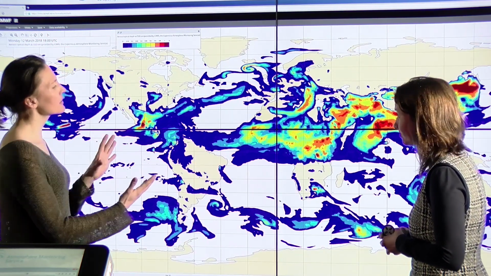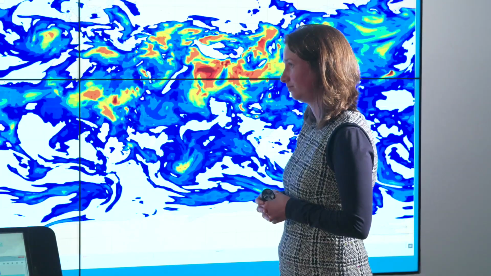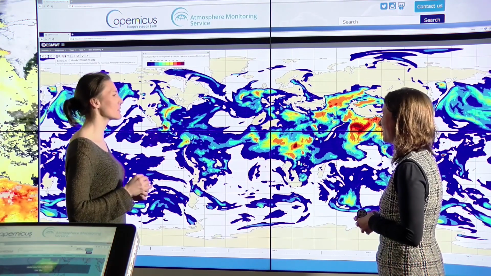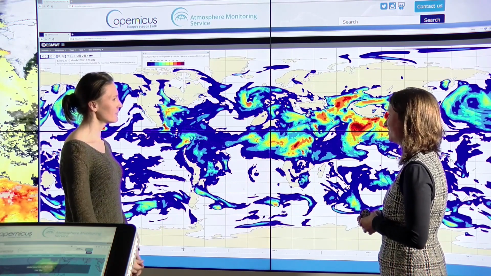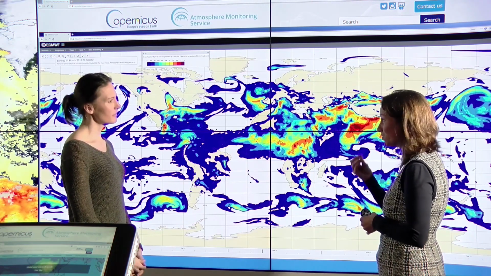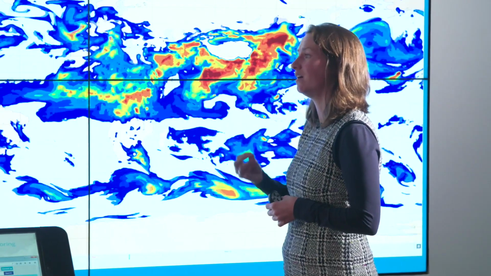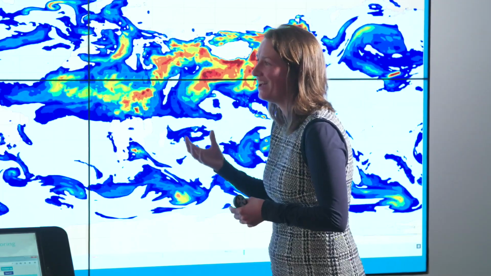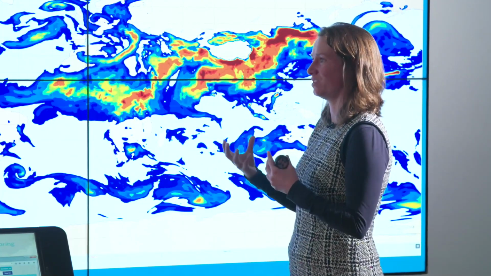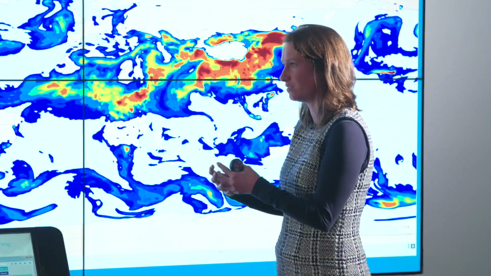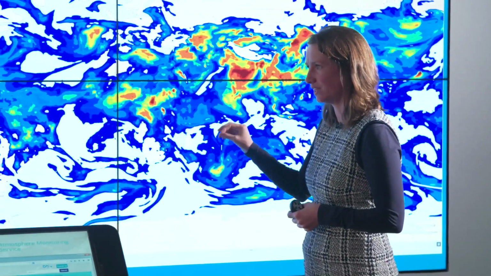And how about using the data now? There is so much data being recorded that even now you're not actually using all of it. Yes, some of the new satellites that have been launched very recently, Sentinel-5P, the resolution of that data is extraordinary. It's really, really high. But the resolution of our model is not that high, so we have to combine and average observations to be able to use them most effectively in the model.